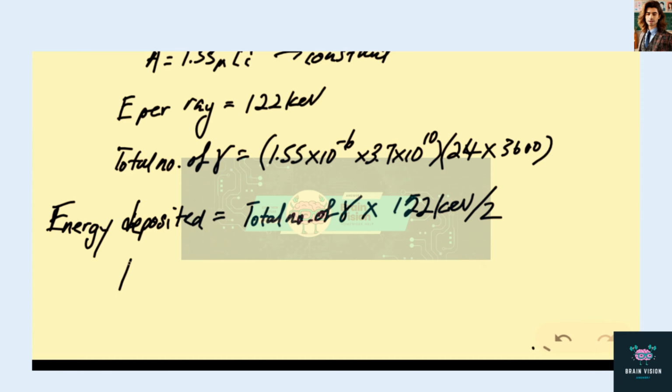Then finally we can get the dose, which is given as the energy per unit mass. Right, so we take the energy deposited divided by the mass of the person, which is 65 kilograms. So I'm going to put everything together.